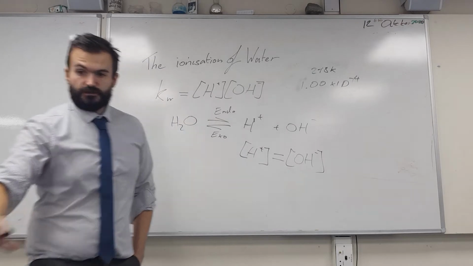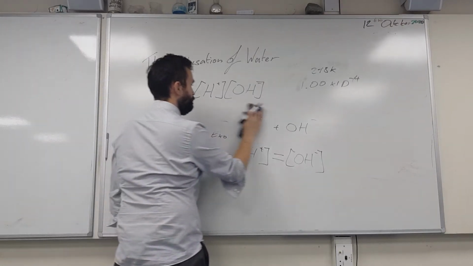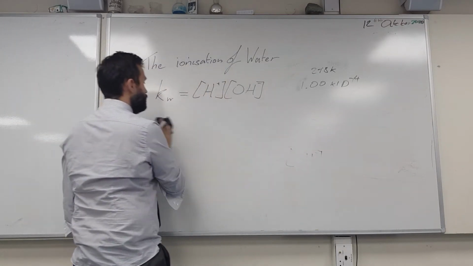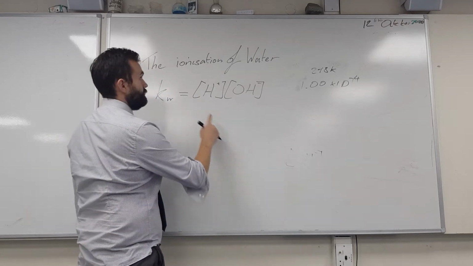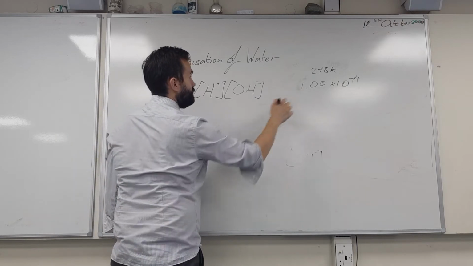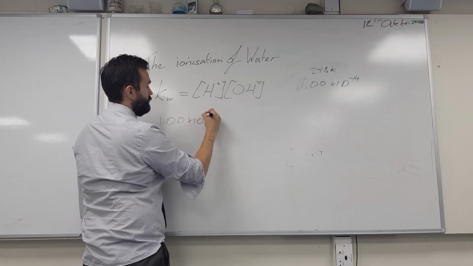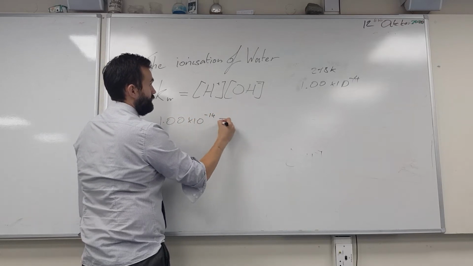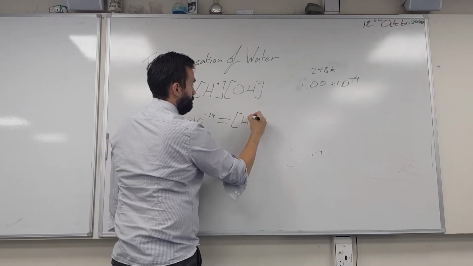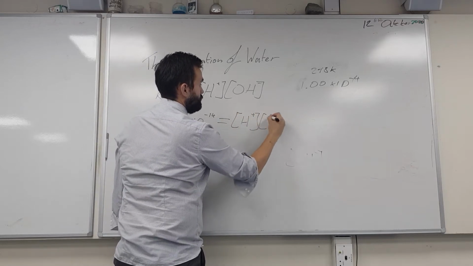So let me just get rid of this. At this temperature, say my Kw is 1.00 times 10 to the minus 14, and that is equal to [H+] times [OH-].